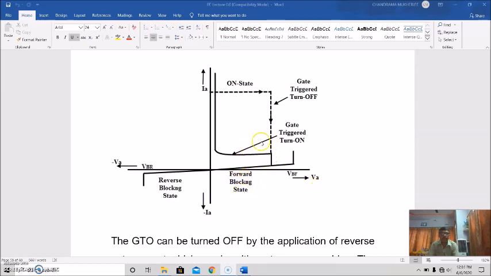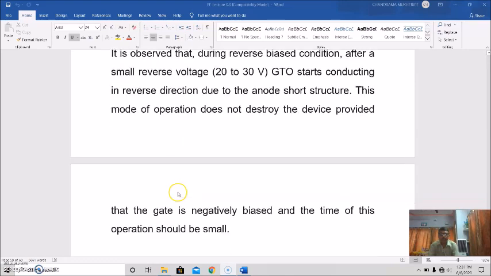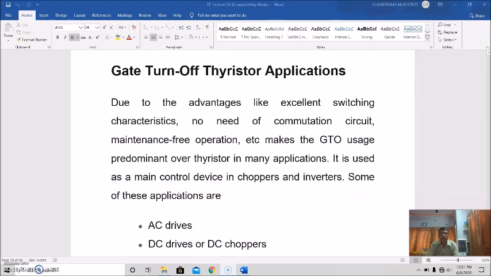When gate triggered, it is turned on and goes to the on state, and when gate triggered for turn-off conditions, it turns off. This will be the current direction, and this is the reverse blocking state. So that's all about the characteristics of the GTO.